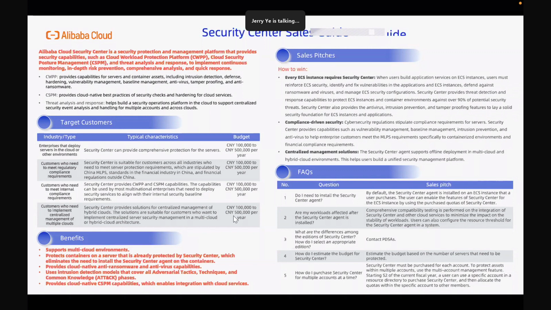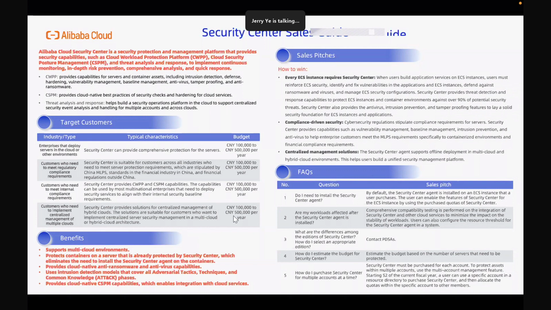Then how to win? If the customer is using third-party anti-malware or antivirus or endpoint or EDR solutions, right? They need to install the agent one by one, or do the batch operation installation. So it will take a lot of time. But actually, when you purchase an ECS in Alibaba Cloud, you will see a small switch called security hardening. That is enabled by default.